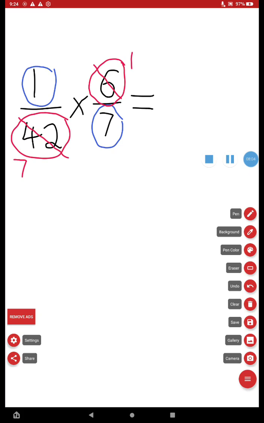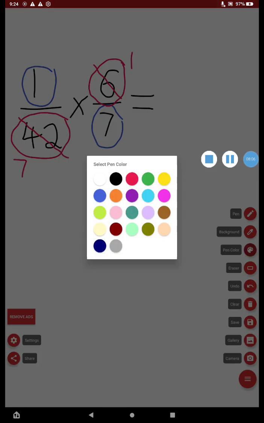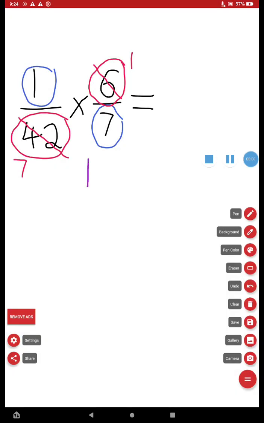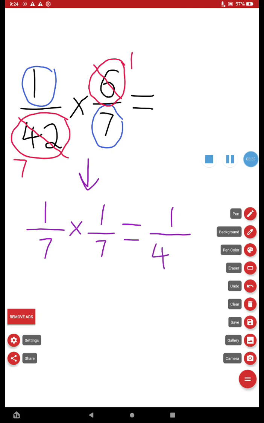So now I have a new problem, and I'm actually going to rewrite it this time so you guys can see it a little more clearly. 1 over 7 times 1 over 7. Okay? When I get rid of the numbers I crossed off, I'm left with 1/7 times 1/7. All right, let's multiply across now. 1 times 1 is 1. 7 times 7 is 49.